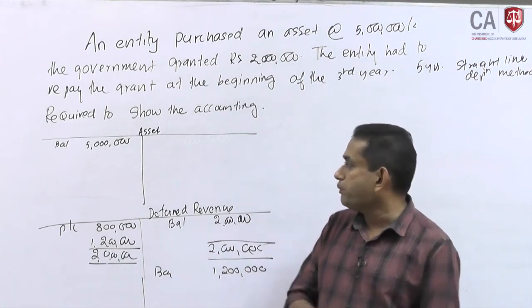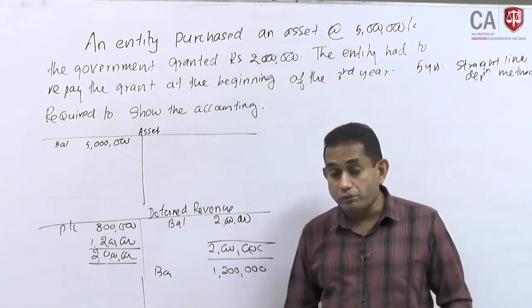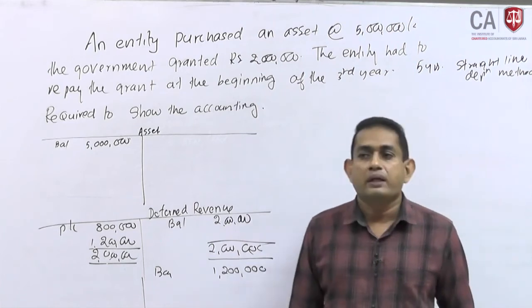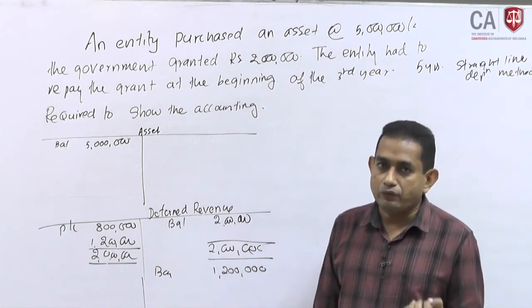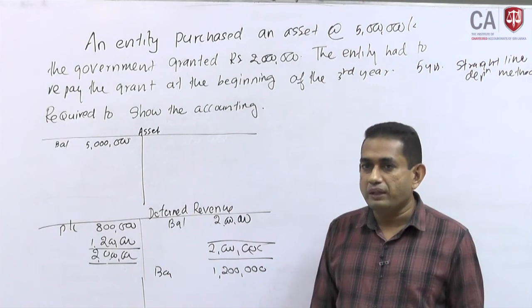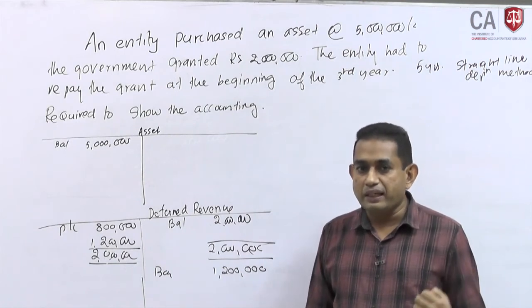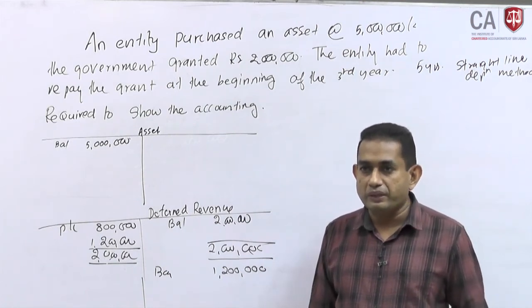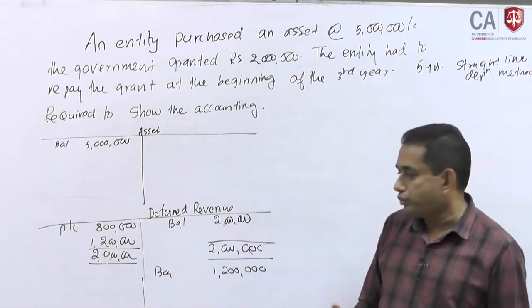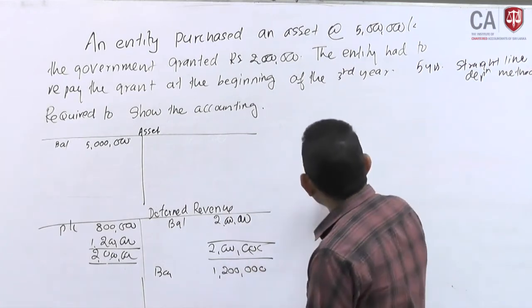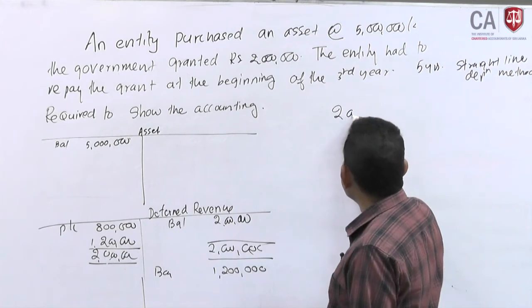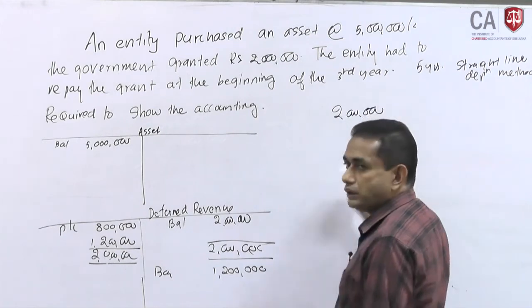So, what is the amount to be paid back to the government? You need to pay the full amount, though it depends on the details of the question. I have not specifically given what amount is to be repaid. If the examiner is silent on that, we can reasonably assume that we have to pay the full amount of the grant. So, the amount to be paid is 2 million rupees.